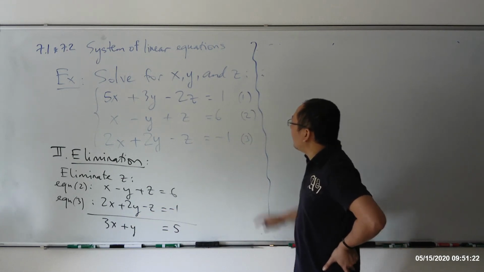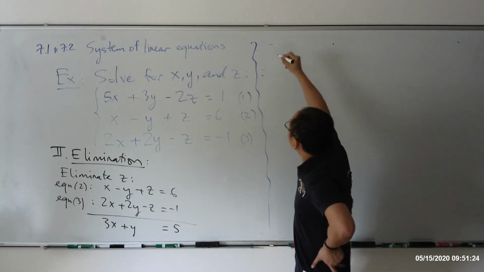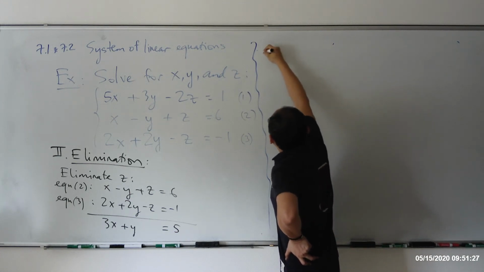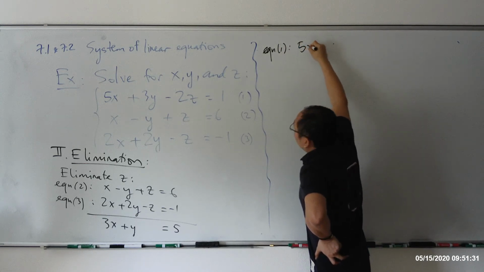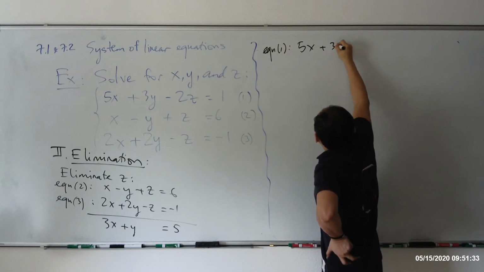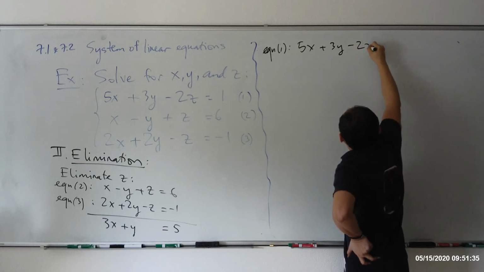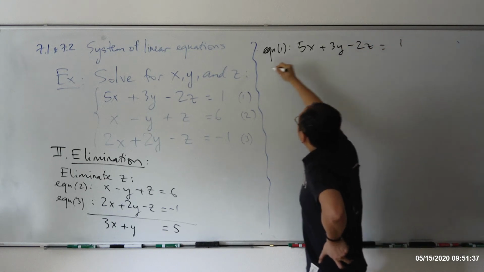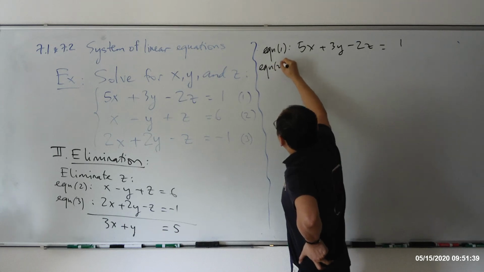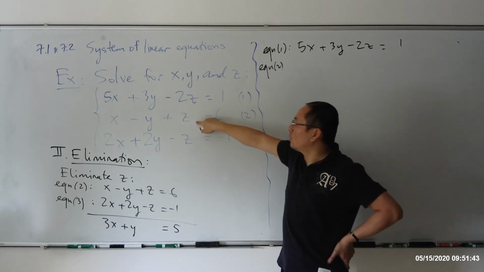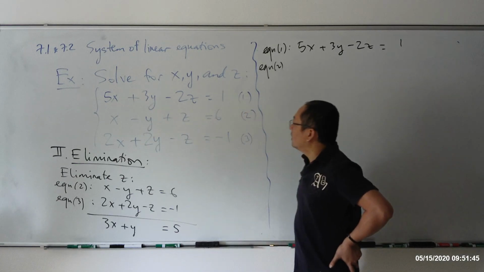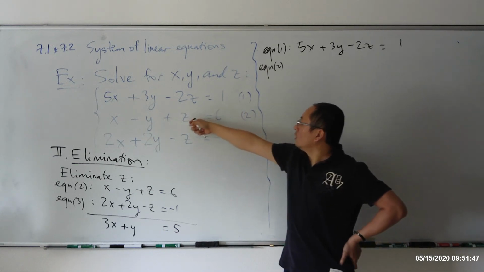Alright, this time I'll choose equation 1 and equation 2. Equation number 1, we have 5x plus 3y minus 2z equal to 1. For equation number 2, I see that I got plus 1z right here, so I'm going to multiply the entire equation by 2, so that I got 2z.